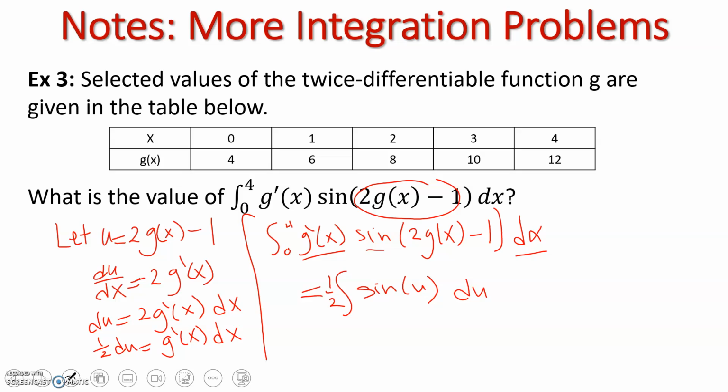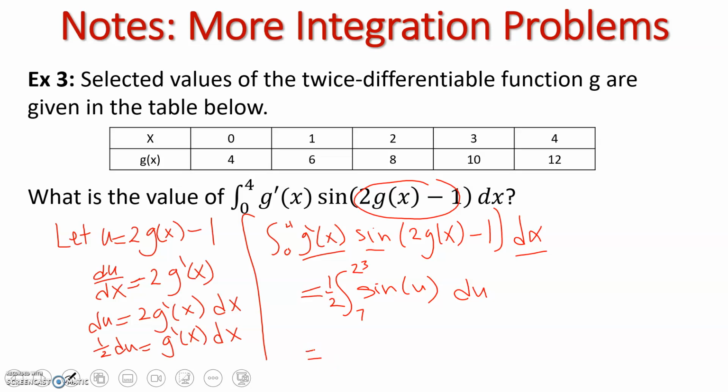Our lower bound was 0, but it's going to become 2g of 0 minus 1. g of 0 is 4, so 2 times 4, 8 minus 1 is 7. And our upper bound is 4, so g of 4 is 12. 2 times 12 is 24, minus 1 is 23.